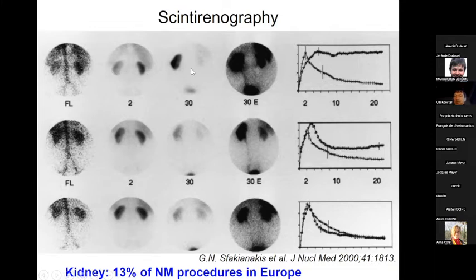Here this is just for illustration. Basically what you do is you integrate over like one very big coarse pixel which represents one kidney and the other kidney. And what you would expect is that both have some uptake and then some elimination into the bladder, into the urine.